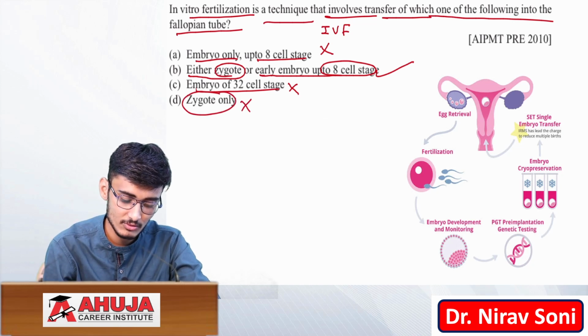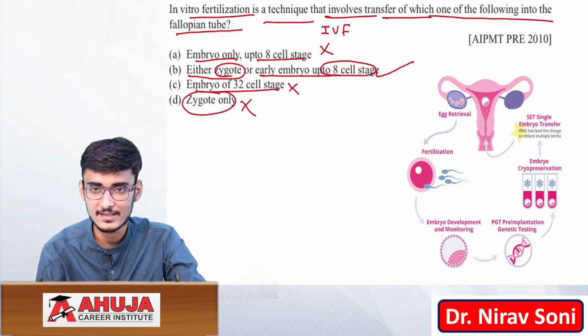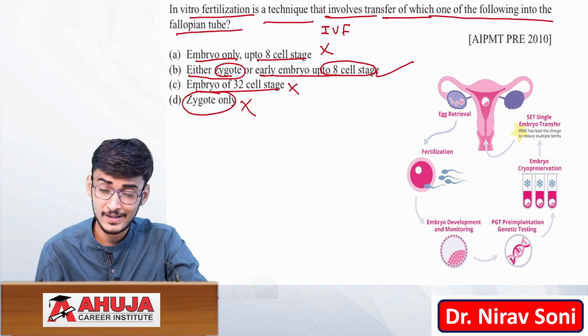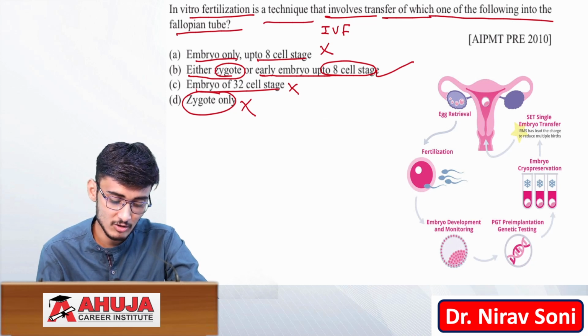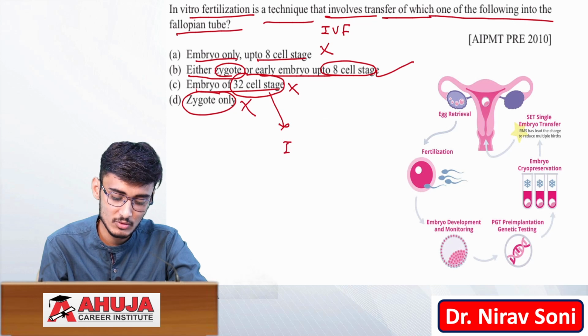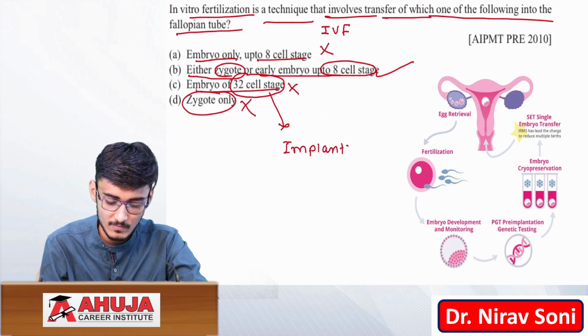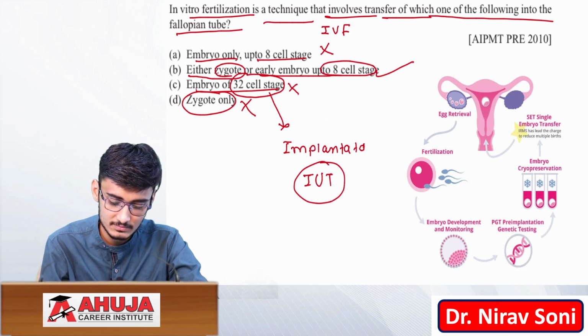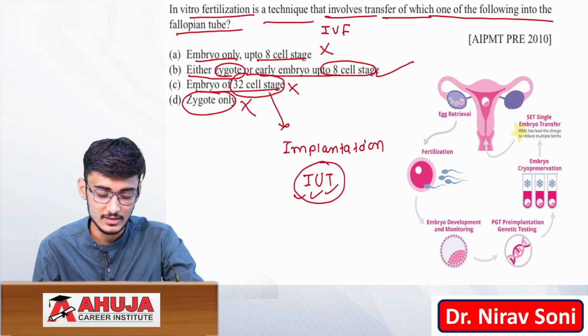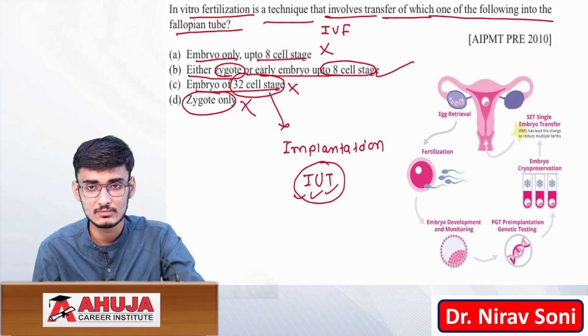Either zygote or early embryo up to 8 cell stage. If it becomes the 32 cell stage, then we go for the implantation process. Then the IUT technique is used for implantation, intrauterine transfer. This is not considered in the IVF technique.